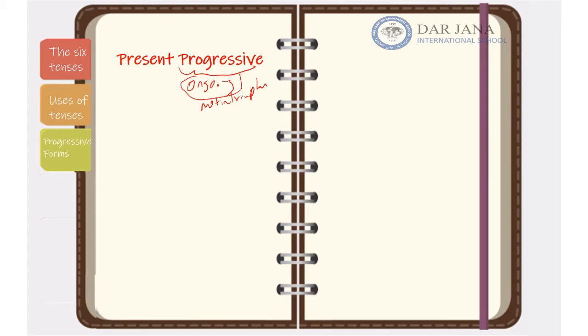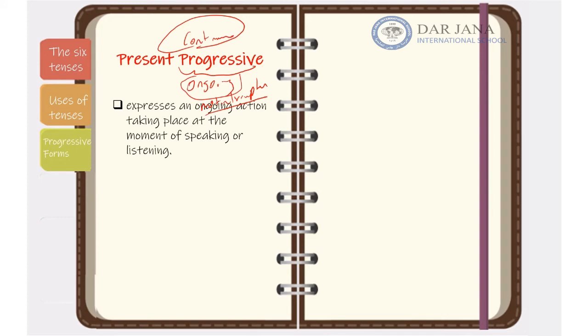Okay? Some of the books call these continuous, present continuous. Whatever they call it, it's the same thing. So it might be called progressive or might be called continuous.